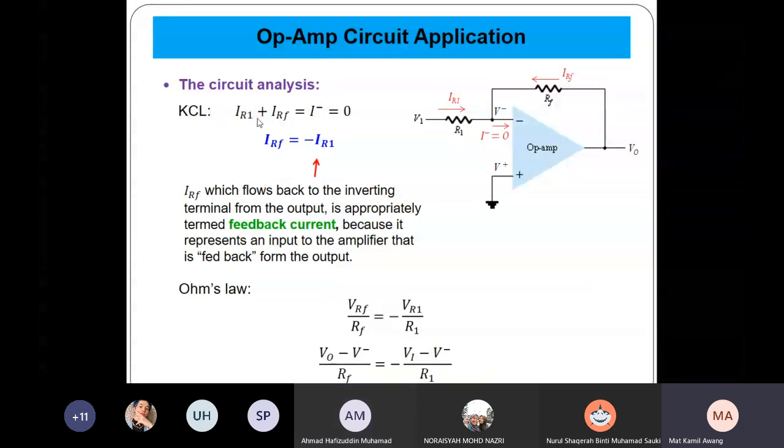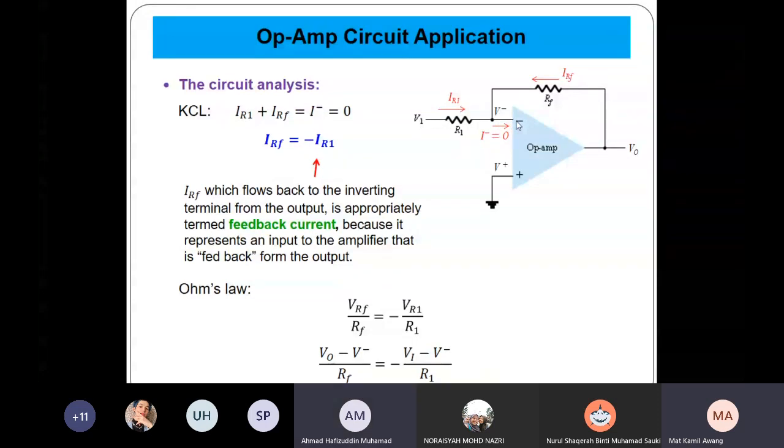So this sum should be equal to 0. So IR1 plus IRF is equal to I minus. And from the golden rule just now, I minus is equal to 0. So this is actually equal to 0. Therefore, it gives you IRF is equal to minus IR1.